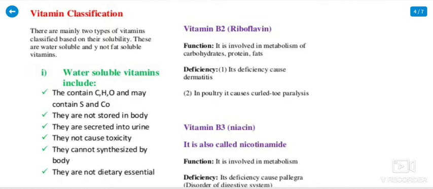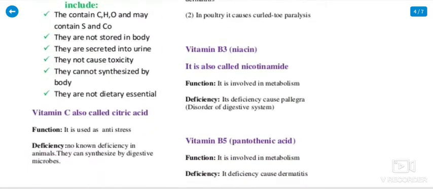In poultry, chickens, it causes curled toe paralysis. So some paralysis will be present in the chicken with riboflavin deficiency, along with dermatitis, a skin disease.